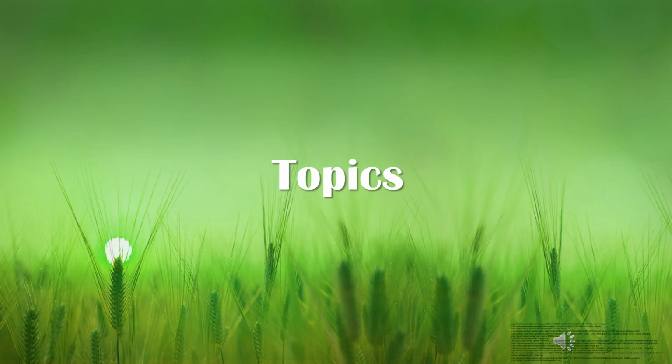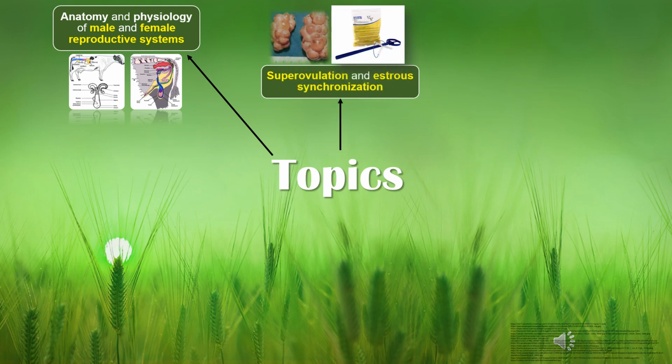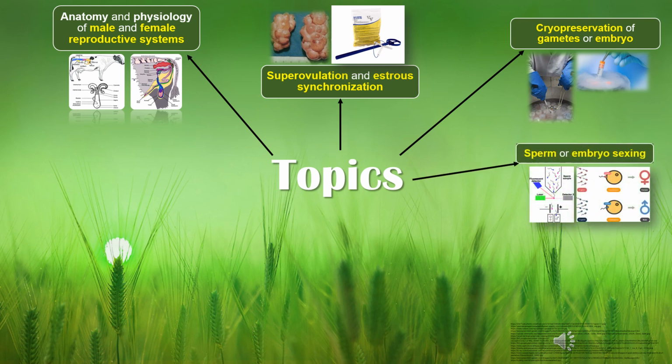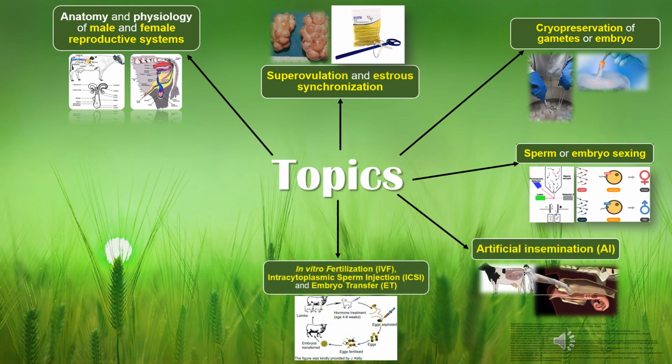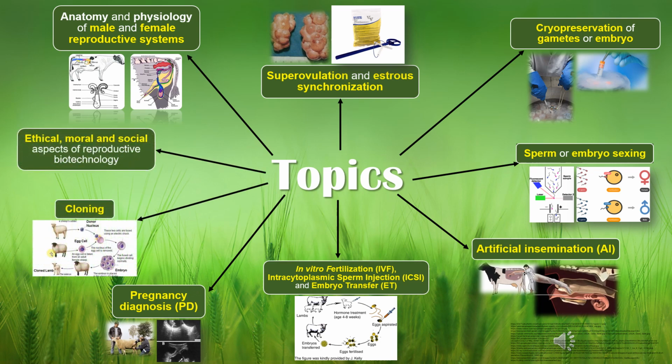There are nine main topics for this course, which are anatomy and physiology of male and female reproductive system, ovulation and estrus synchronization, cryopreservation of gametes and embryo, sperm and embryo sexing, artificial insemination, in vitro fertilization, intracytoplasmic sperm injection and embryo transfer, pregnancy diagnosis, cloning, and last one, student will also learn about ethical, moral, and social aspect of reproductive biotechnology.